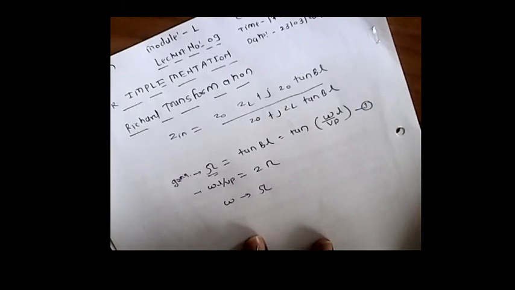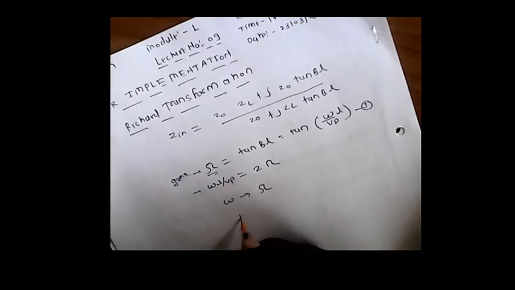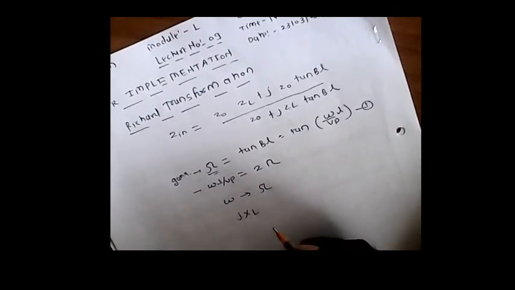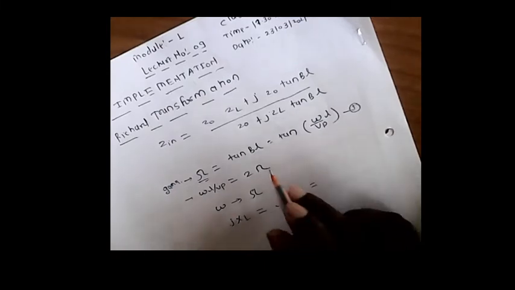This is the Richards transformation, and so we can write the reactance of an inductor, jXL = jωL, in terms of the new frequency variable: jL tan βl. This is equation number 2.